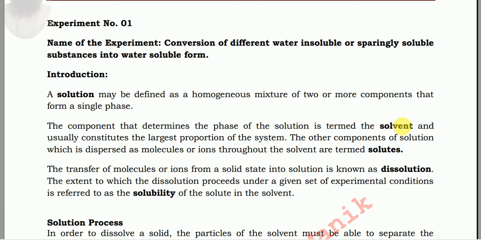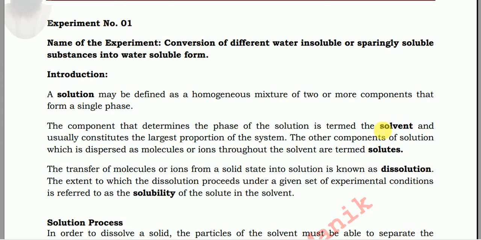For example, in the case of sugar and water, water will be in a larger amount, so water is the solvent, and water determines the phase of the solution. That means whenever sugar dissolves into water, it produces a sweet solution, and the final phase of the solution is liquid. This liquid phase is due to the presence of water in the solution.